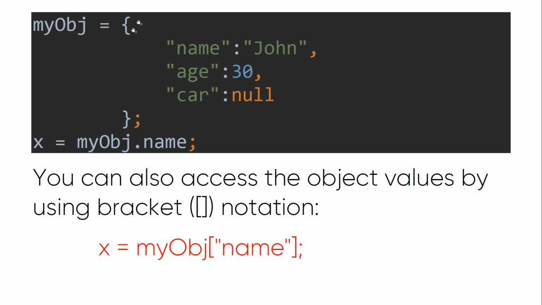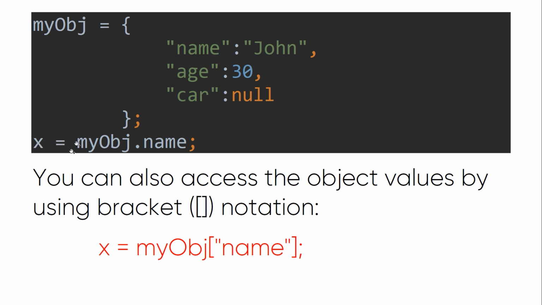This is a JSON object, we see the curly braces. We have name John, age 30, car null. You can also access the object values by using the bracket notation.